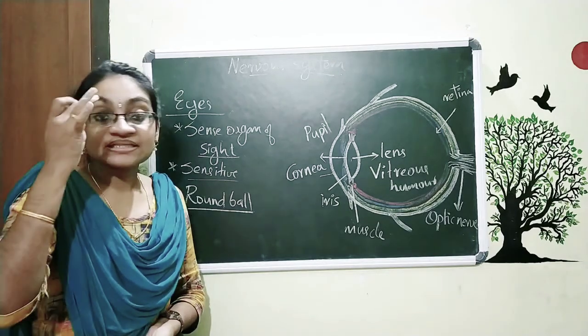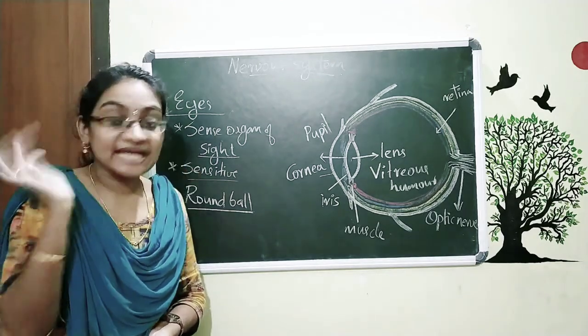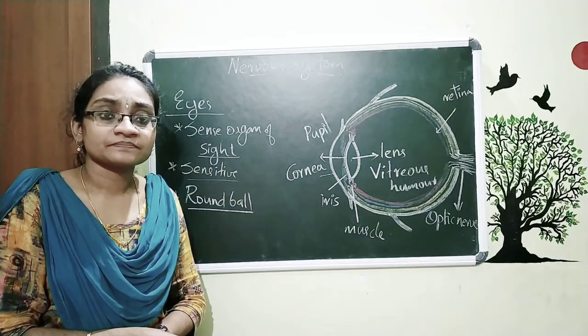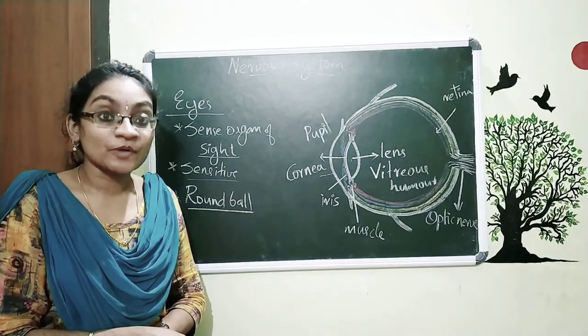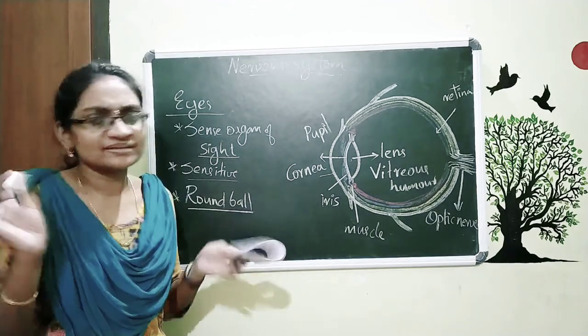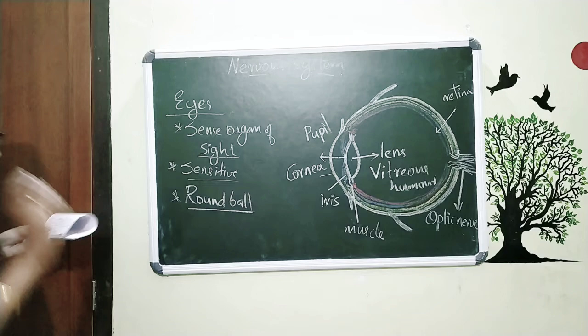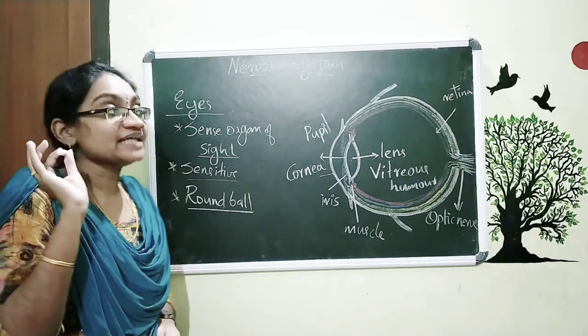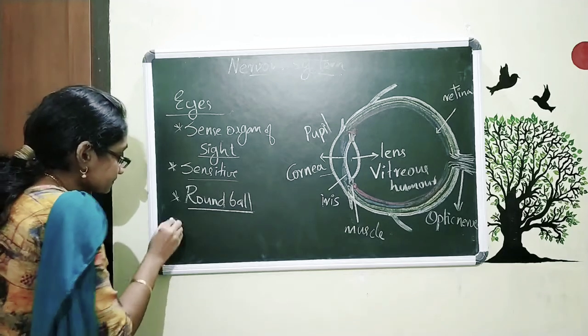And you can see the eyebrows and eyelashes. Why are they present on our face? They are there to protect our eye from dirt and germs. So, the eyebrows and eyelashes protect the eye from dirt and sweat.